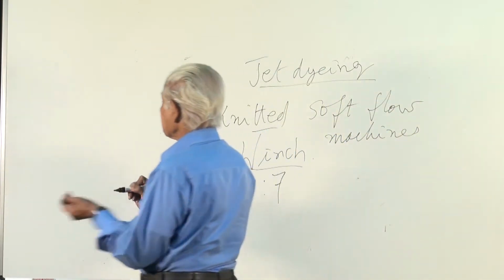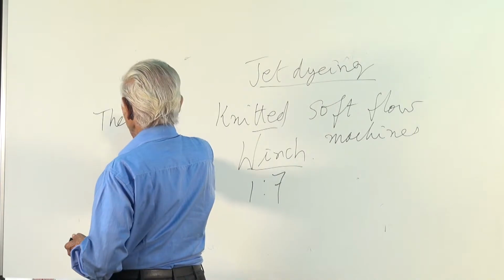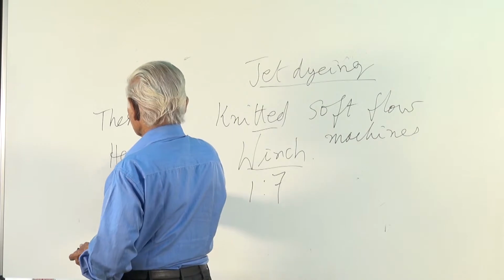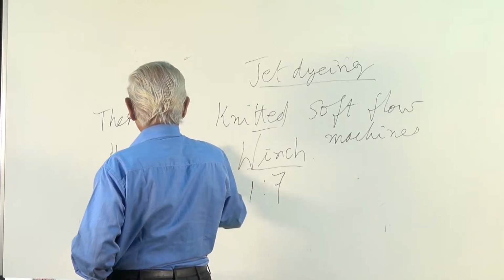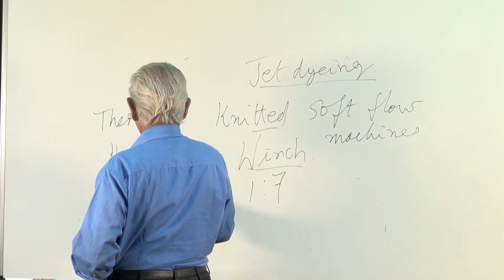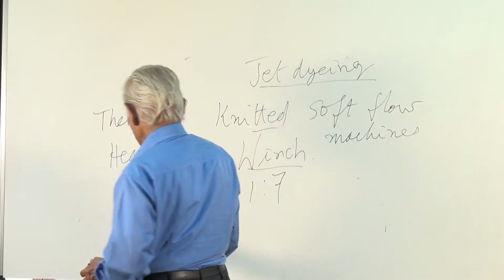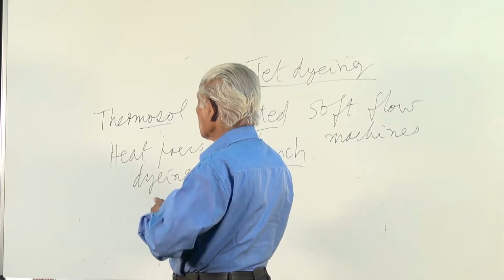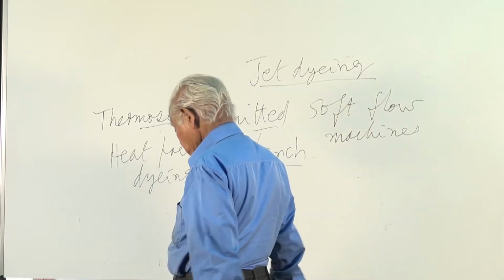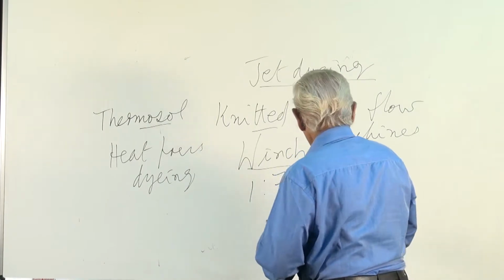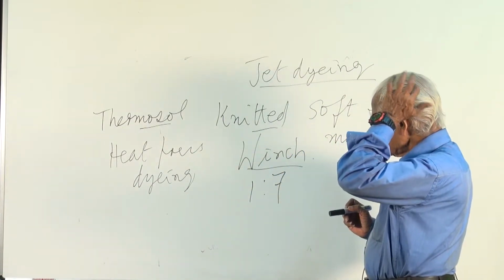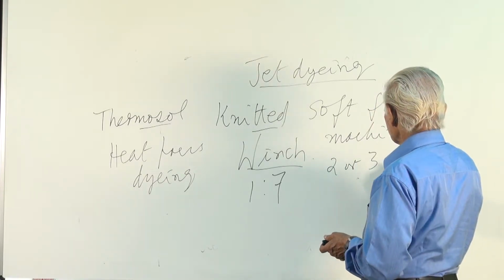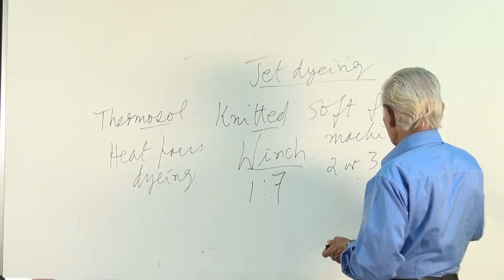And I told you about the thermosol method of dyeing this polyester material. It is also called heat press dyeing or thermal dyeing, because heat is used for fixing these dispersed dyes onto the material. And in dyeing, as I said, 2 or 3 colors are mixed and then used.